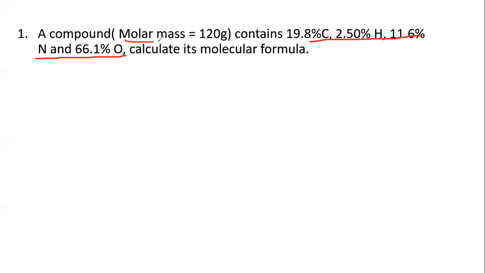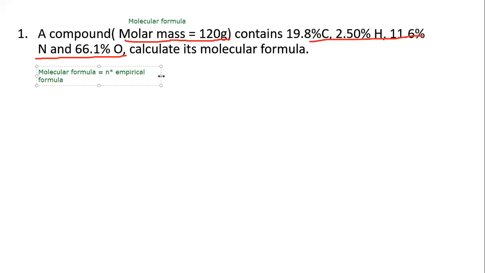The molar mass in parentheses is the molar mass of the molecular formula. That's always given to you in the problem. What we're going to do, in order to determine the molecular formula, is say it is equal to some number n times the empirical formula.